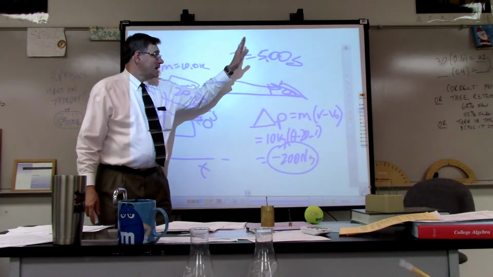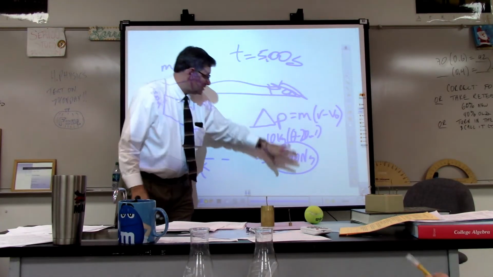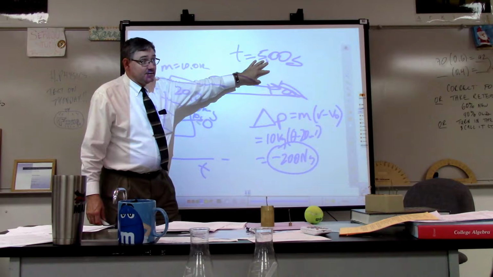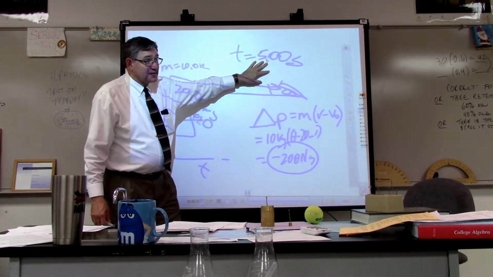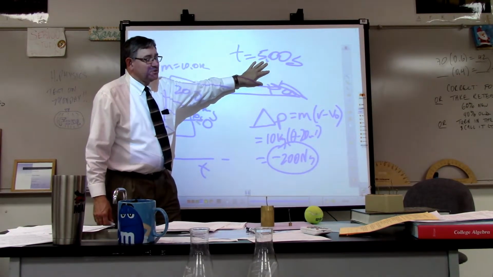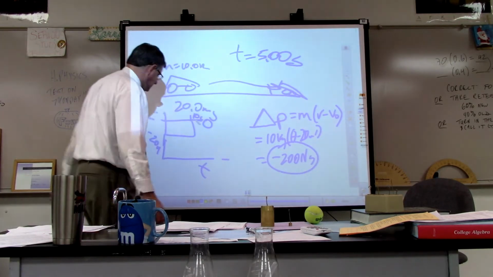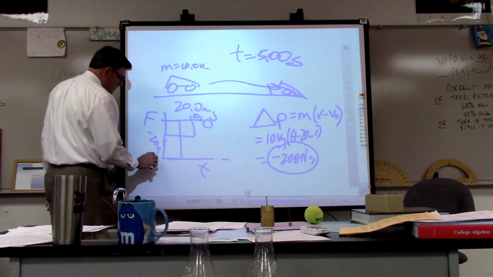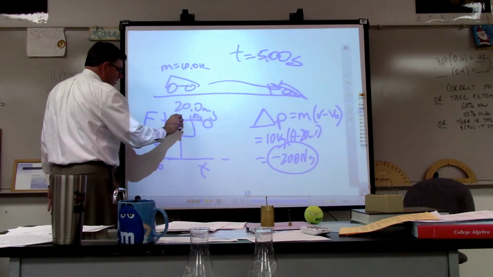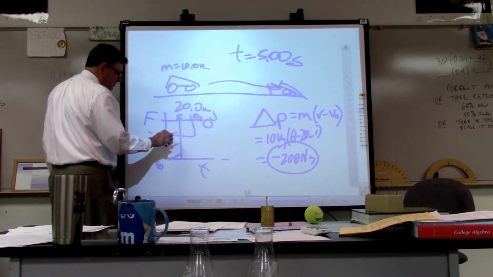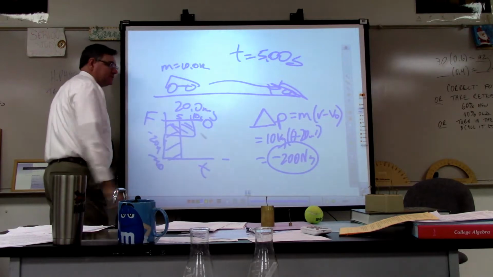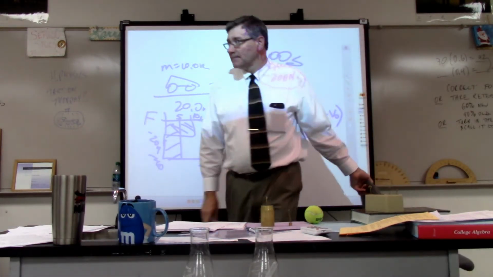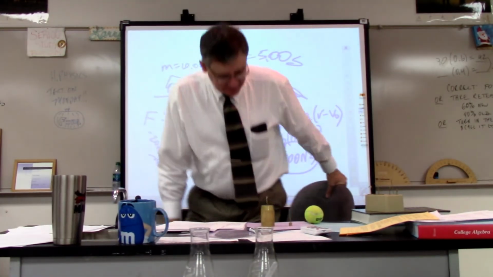Situation number two, if I took negative 200 and divided it by 5, I'd get negative 40. So I could have negative 40 newtons acting over 5 seconds. No matter what, what's going to happen to the area? It's going to stay the same.